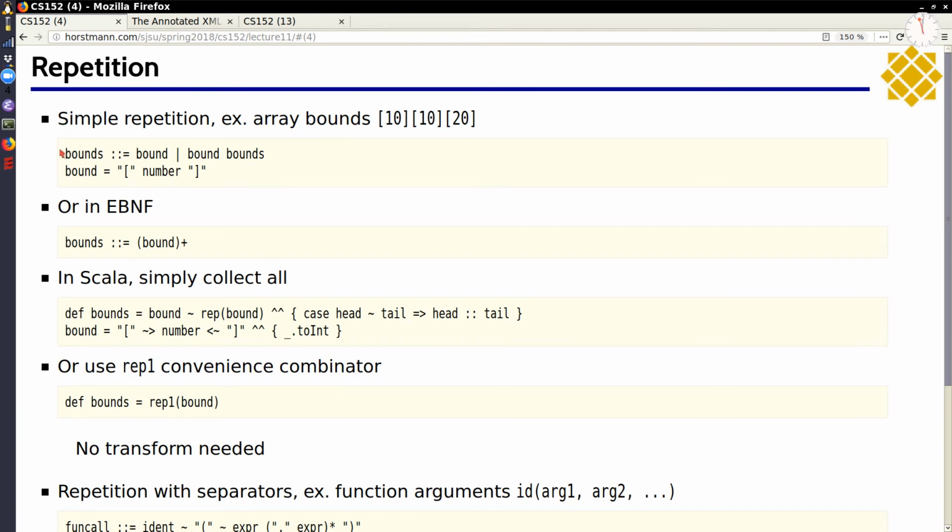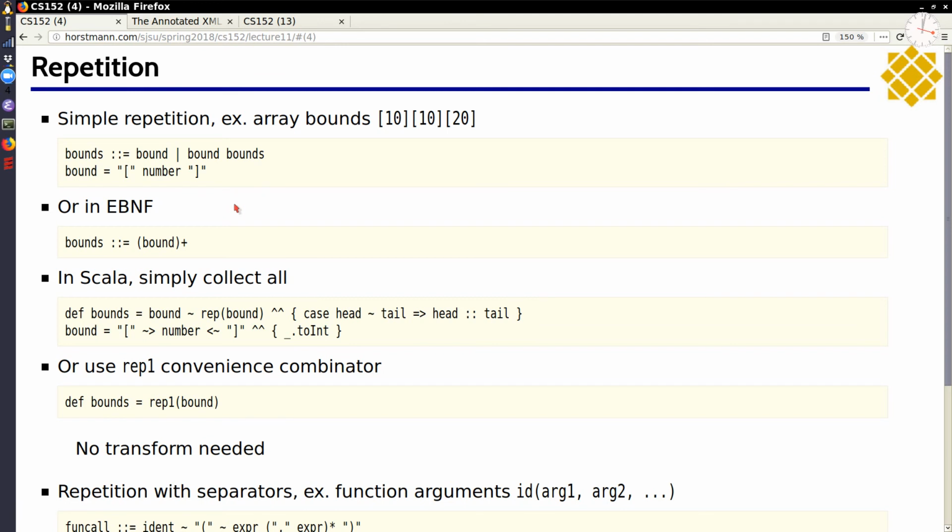And the first rule gives me that. I say bounds is either a single bound or it is a single bound followed by more bounds. That gives me any number of bounds. And then I have to say what a single bound is, and that's a bracket with a number followed by another bracket. So these two rules suffice to parse any number of array bounds.